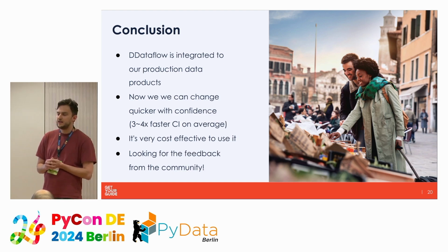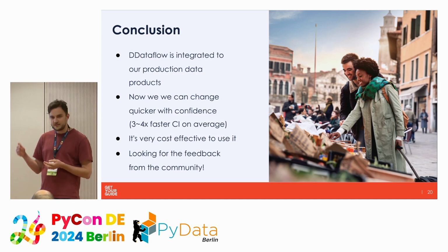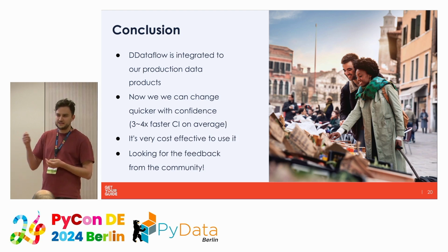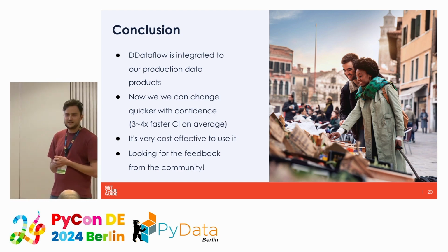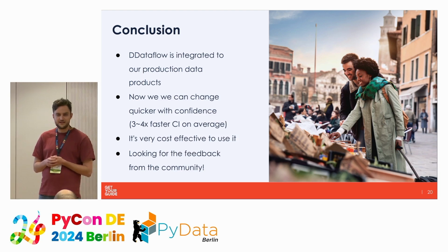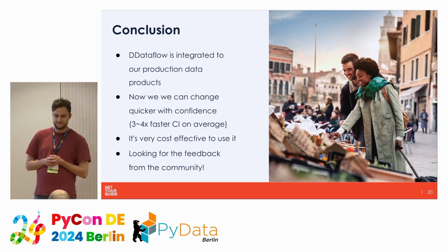We often say, it's not that we're saying don't use unit tests, but at least have one integration test in your system. That will give you a lot of confidence that everything is working, and it is a very cost-effective way to do that. And that's basically it. We're looking for your feedback, and we go to the questions now.